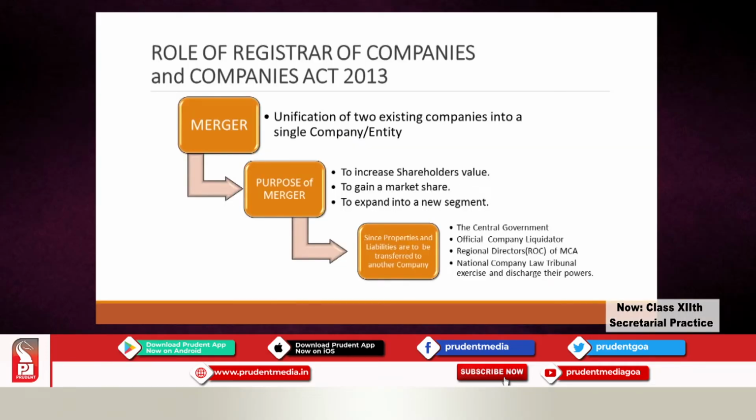Since properties and liabilities are to be transferred to another company, the central government, the official company liquidator, the regional directors of Ministry of Corporate Affairs, and National Company Law Tribunal exercise and discharge their powers.